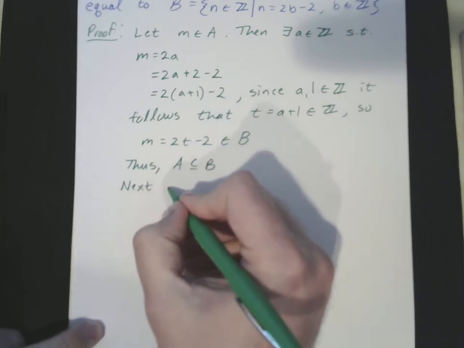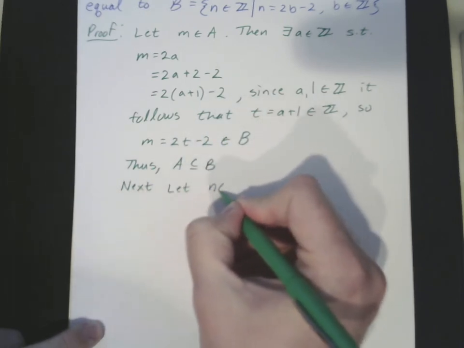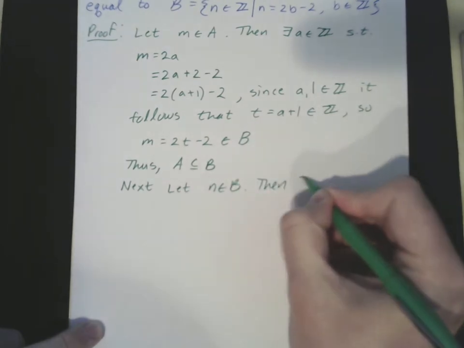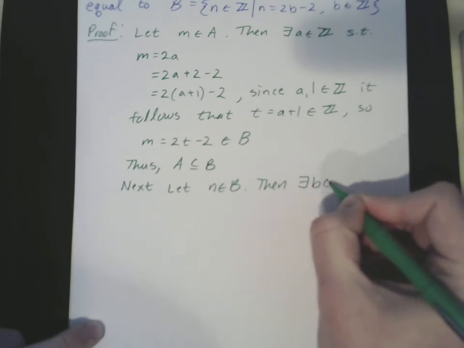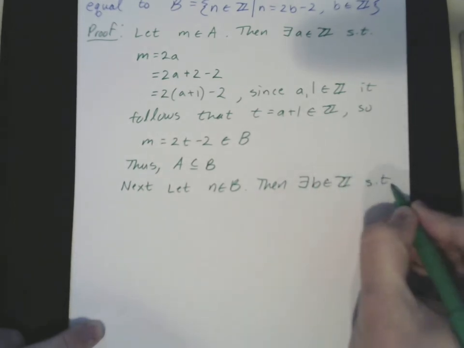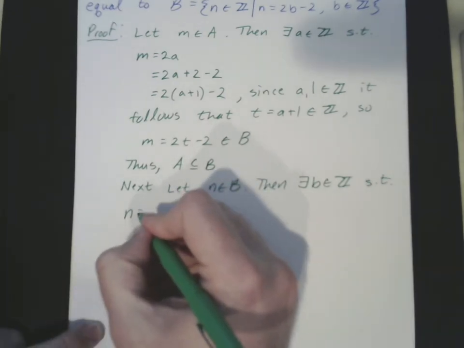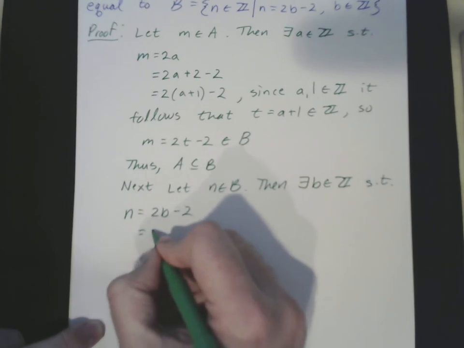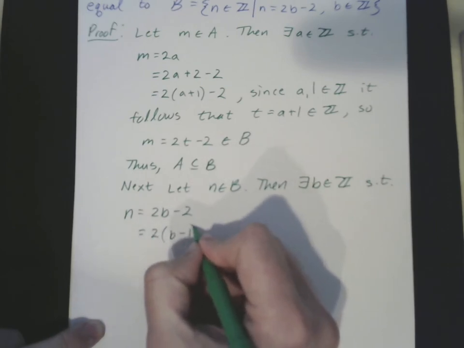So next, let n be an element of B. Then there exists an integer little b such that n equals 2b minus 2, which we can write as 2 times b minus 1.